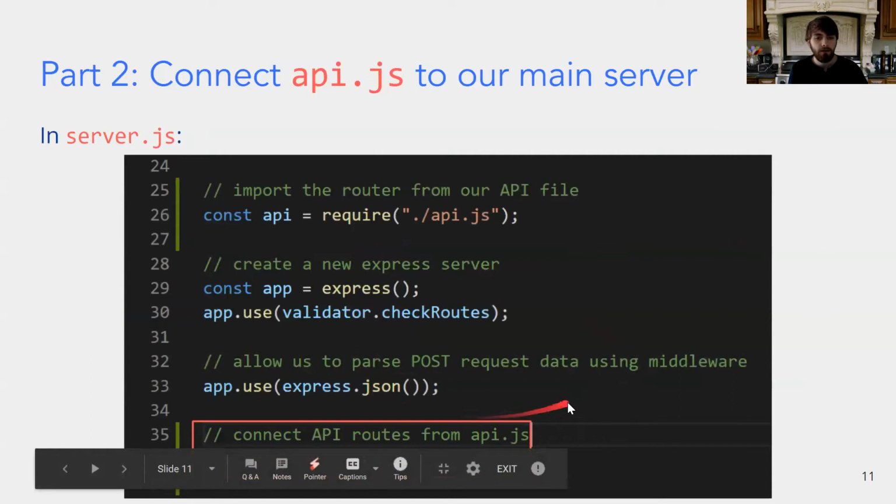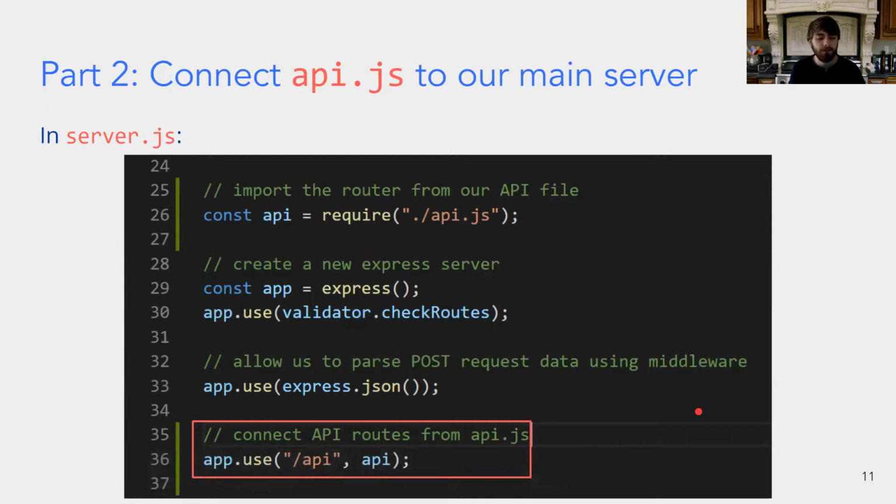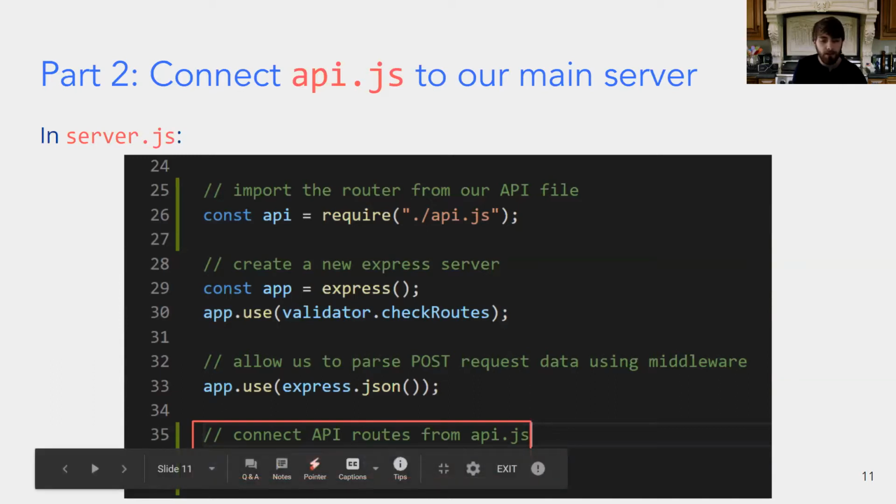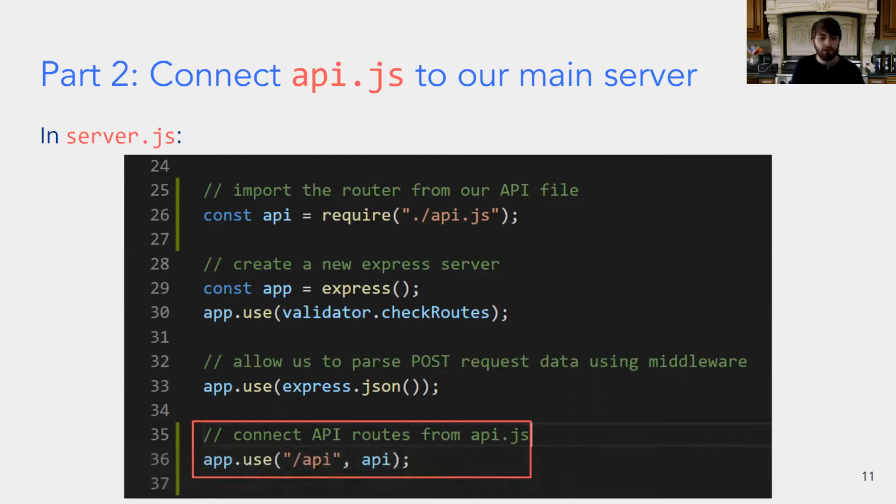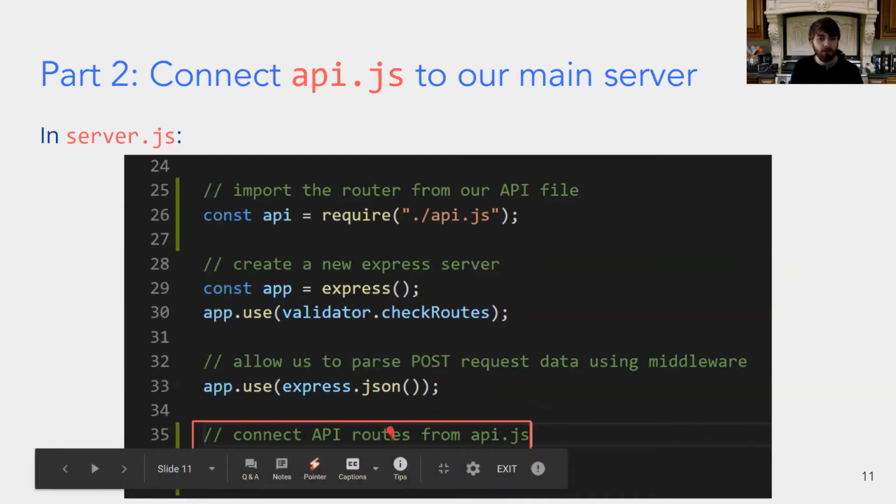But we haven't quite added any endpoints yet, and when we do add endpoints, we'll have to have the bottom thing. I think this Google Slides thing ends up covering the code repeatedly. But yeah, so just like with our API, it will be used as a middleware of sorts through this app.use, and so we can tell all of the routes that go to /api to instead be routed simply to our API file.